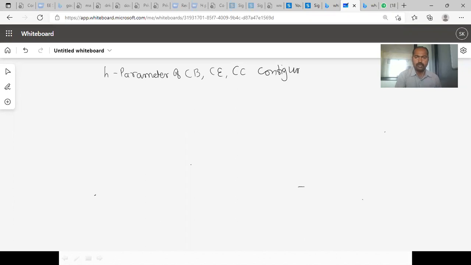So when we have to analyze these three things, in that case we require the values HI, HR, HF and HO, right? So we know the H parameter.